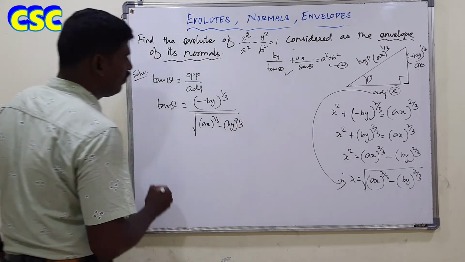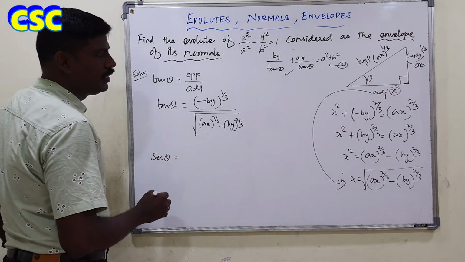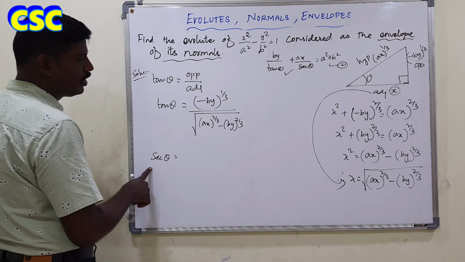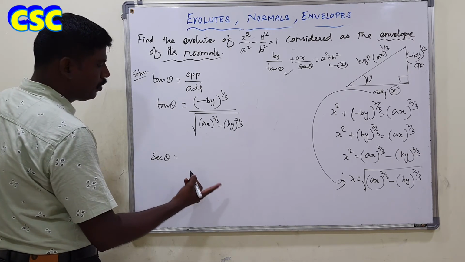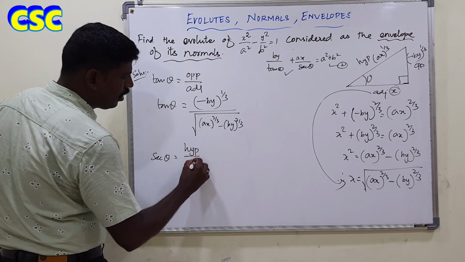Now I find the value of secant theta. Secant theta is the reciprocal of cos theta. Cos theta is adjacent side by hypotenuse, therefore secant theta is hypotenuse by adjacent side.